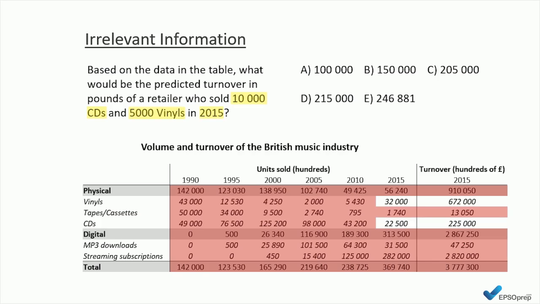It actually turns out that we would need to use both the units sold figures and the turnover to help answer this question. So that's our relevant information from the table. In total, therefore, all of this red area there is excluded completely irrelevant information, with just these 4 figures being the things that are actually going to help us.